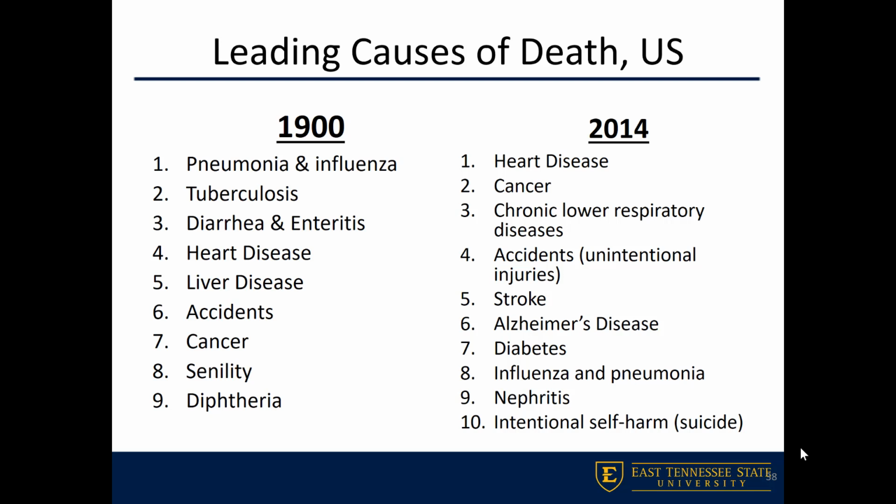Now we're seeing the 3 leading causes of death in 2014, and Sylvester updated this with the 2015 on the D2L site, so you can look at those numbers as well, is things that affect people as they age: heart disease, cancer, and chronic lower respiratory disease.